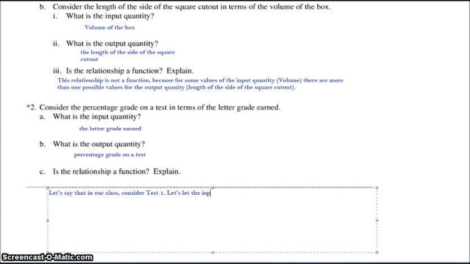Let's let the input be a B, just the letter grade B. So if I go back and I look through all the tests, a lot of students made B's.